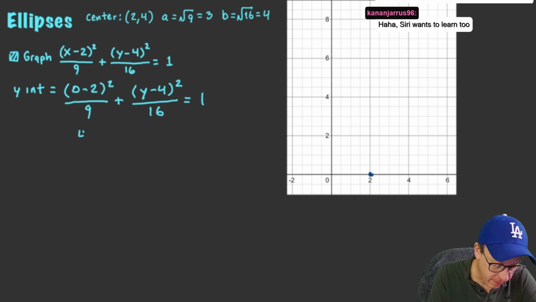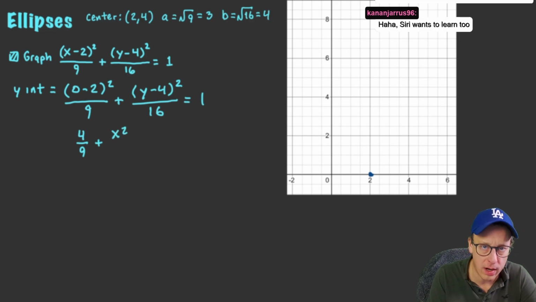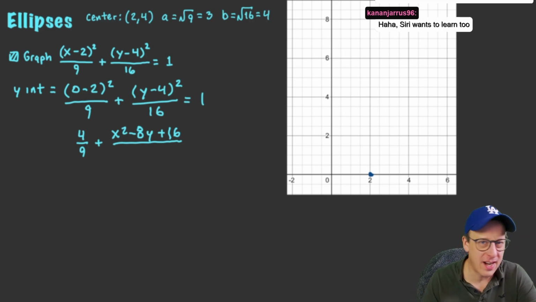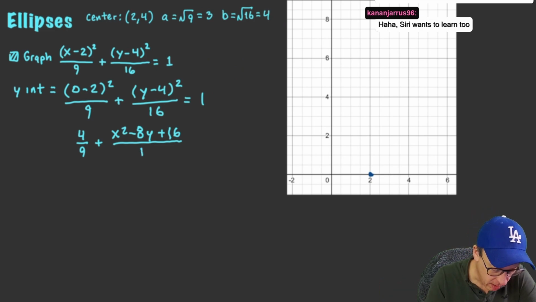This is going to simplify down to 4 over 9 plus, and then we're going to have to expand this to y squared minus 8y plus 16. And I used just basic FOIL technique for calculating that. I think anybody that's watched this, if you need me to explain FOIL, I can. The 16 is equal to 1. And then we can go and multiply through this.